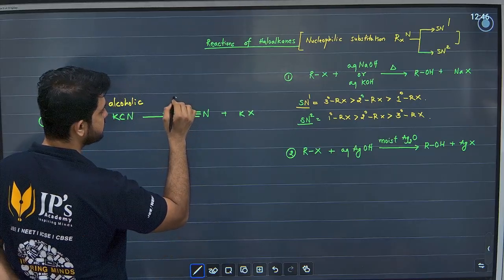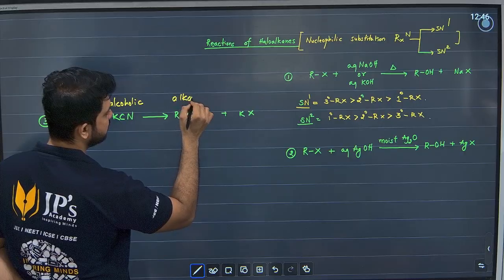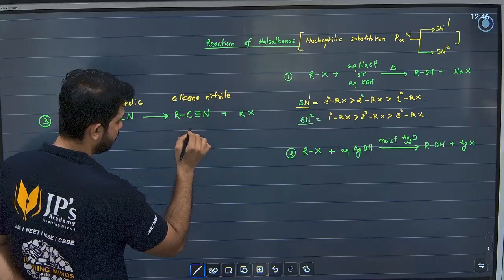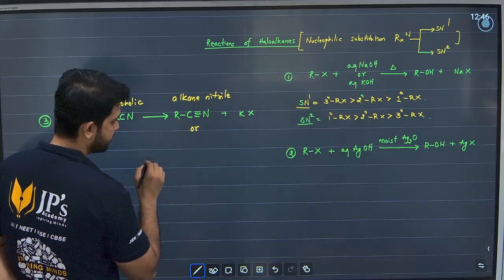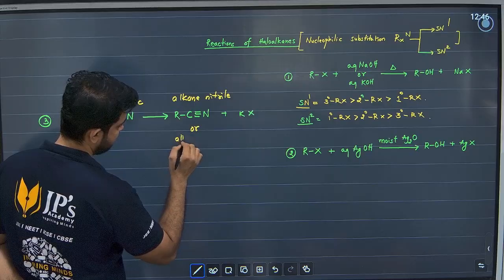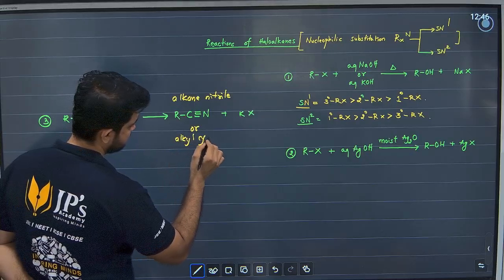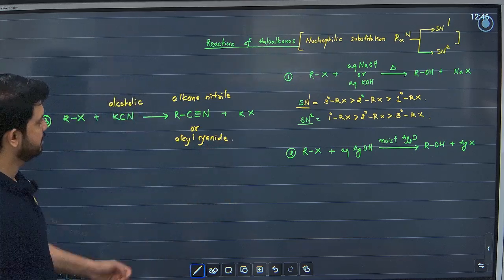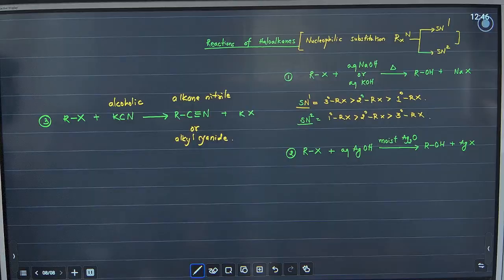You can either call it alkane nitrile, or you can call it alkyl cyanide. I repeat, alkane nitrile, or you can call it alkyl cyanide.